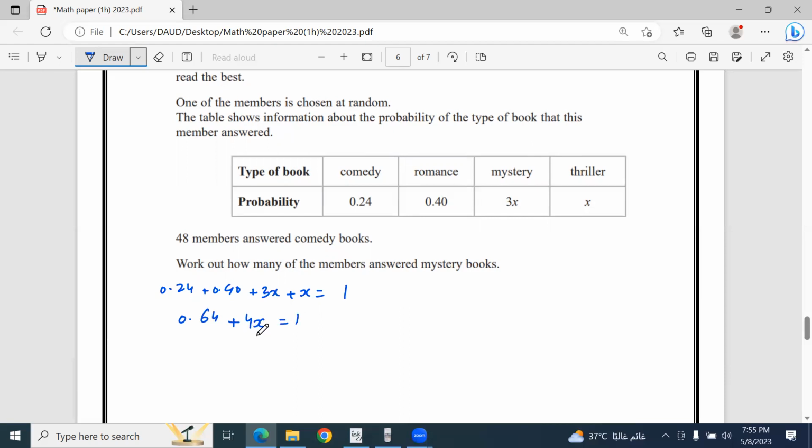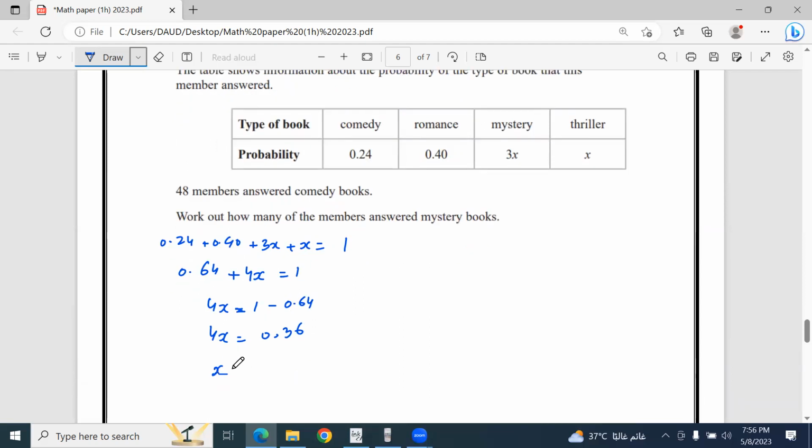We can add the like terms and take 0.64 to the other side. So 4x is equal to 1 minus 0.64, which is 0.36, and divide by 4 on the other side.